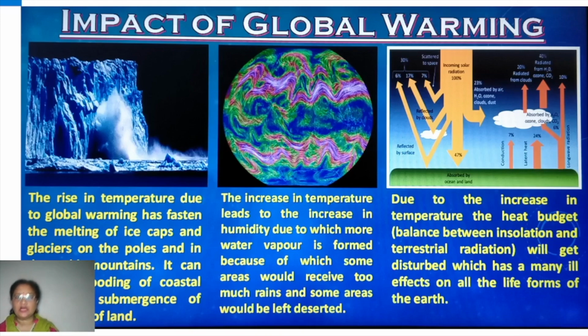Now you can see what the impacts of global warming are. First, you can see in front of you, several glaciers. There's a big reserve of fresh water with us in the form of glaciers, right? These glaciers are melting very fast now because naturally the temperature rises, so it causes the ice to melt. Over the Antarctica or whichever part of the polar regions, or over the high mountainous areas also, the glaciers are melting very fast.